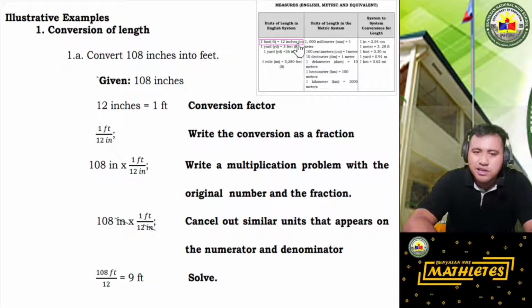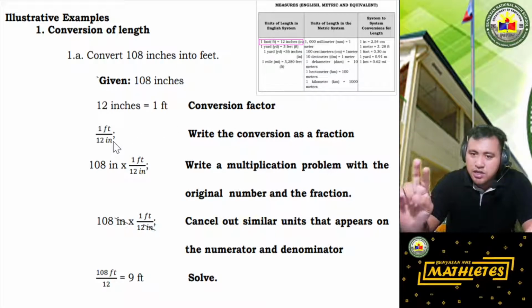Correct? Now, since the given unit is inches, we are going to write the conversion as a fraction in which the inches are at the bottom.